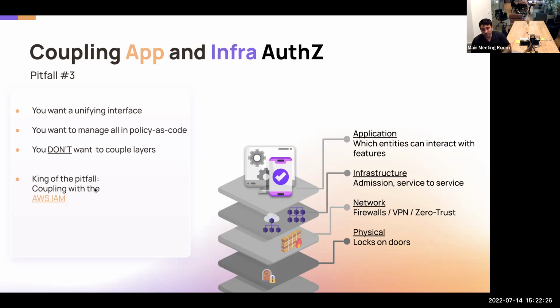And maybe to paint the picture, I want to surface the king of the pitfalls that I see here, which is combining your application level access control with the access control built for you by a vendor like AWS for their infrastructure, for the AWS IAM. Initially, that looks like a great idea because they've built a really powerful tool with their IAM.